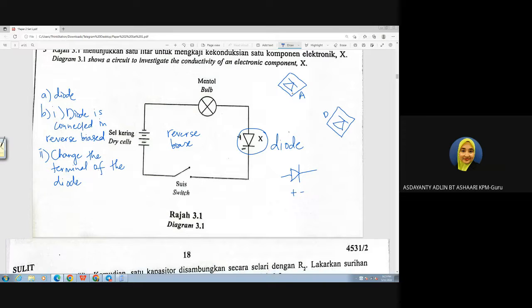Okay, kemudian kat sini dia punya diode tu. So macam mana bentuk dia dekat bahagian C dan B ni?